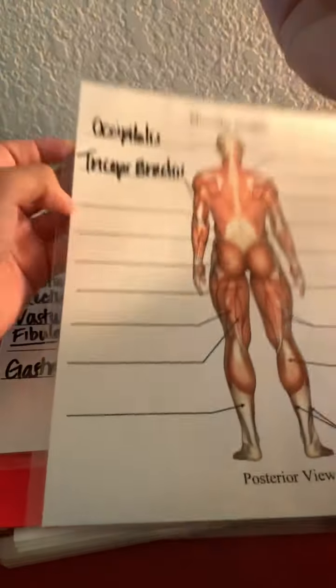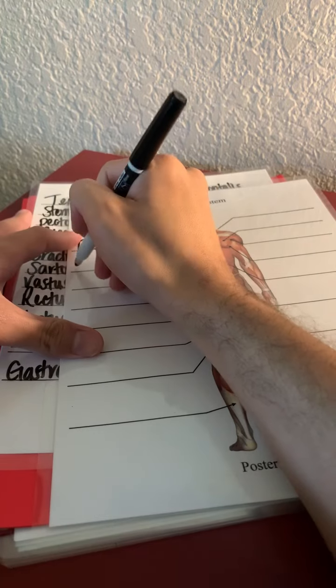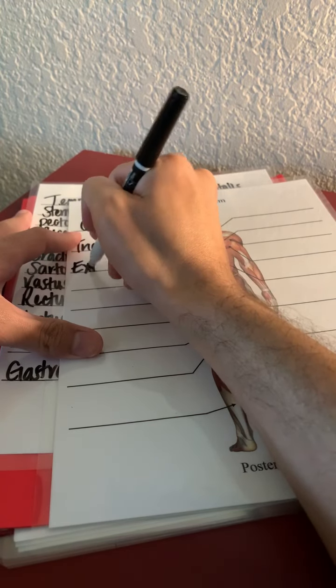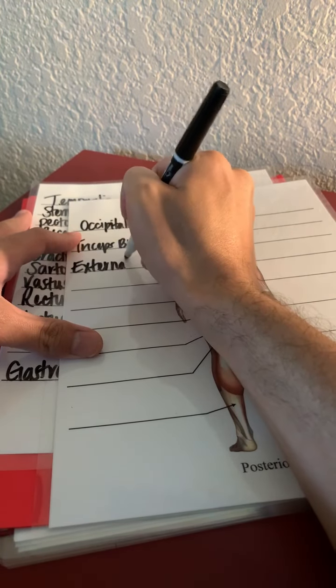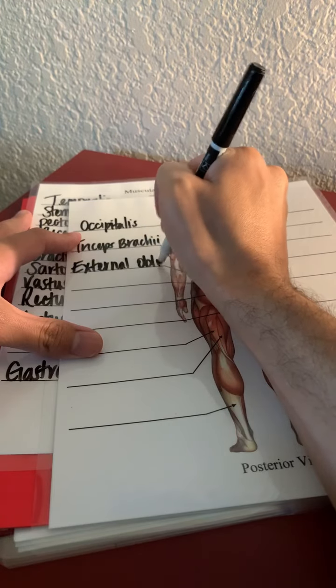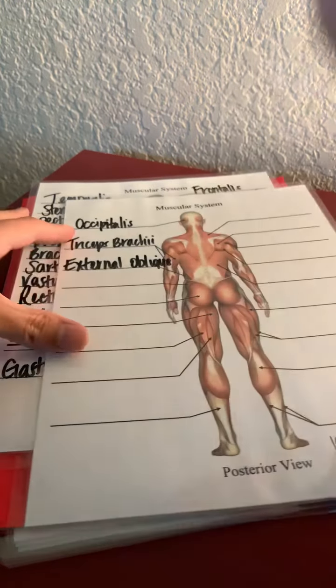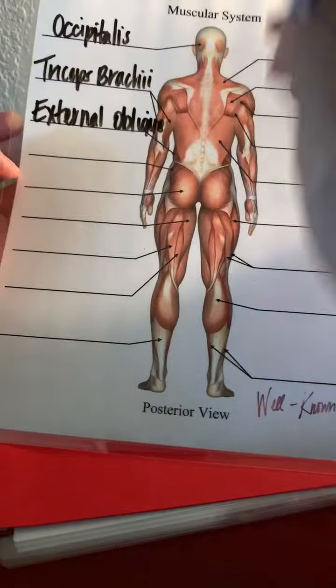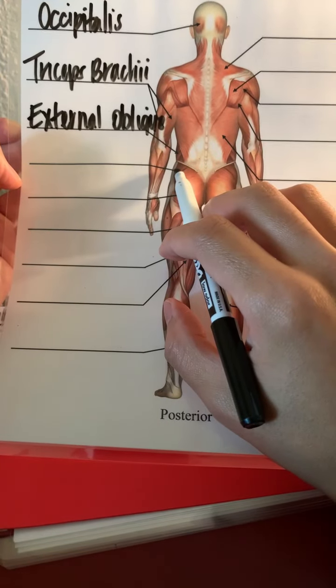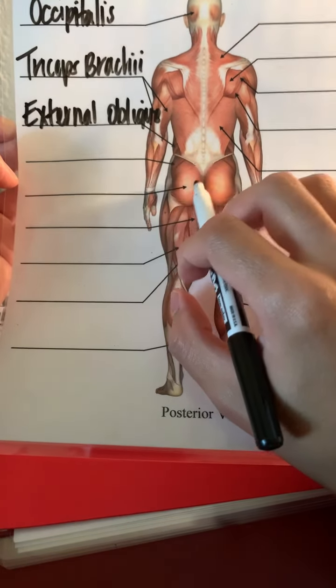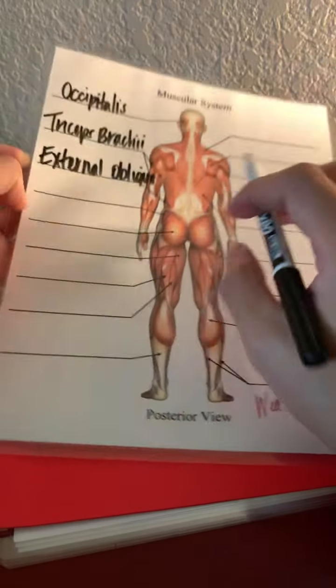Next, we have our external oblique. Right here, we have the gluteus medius and the gluteus maximus.